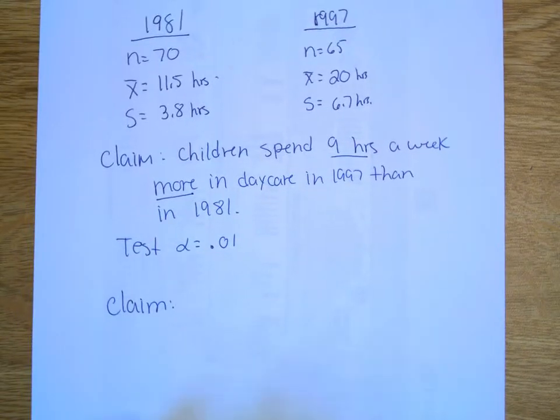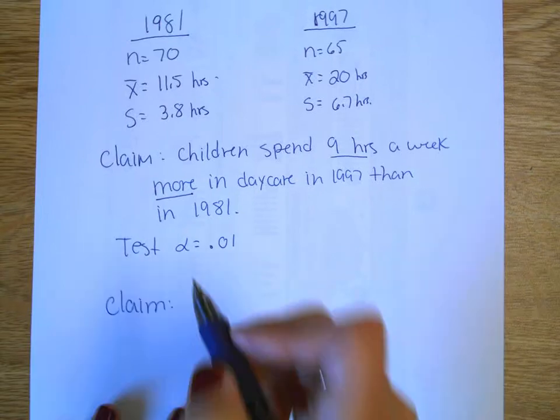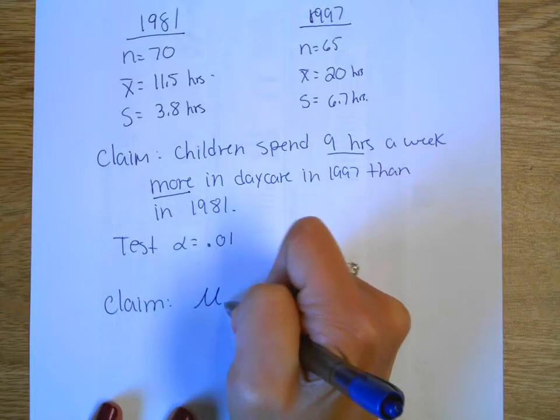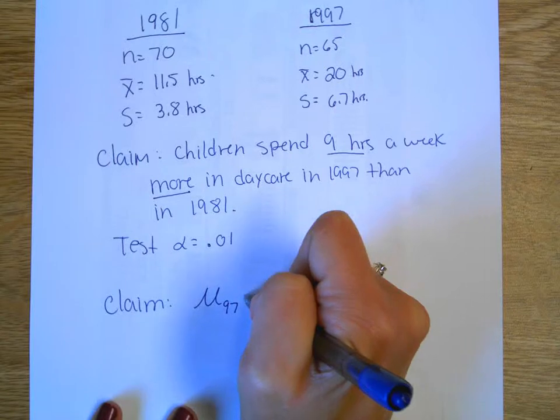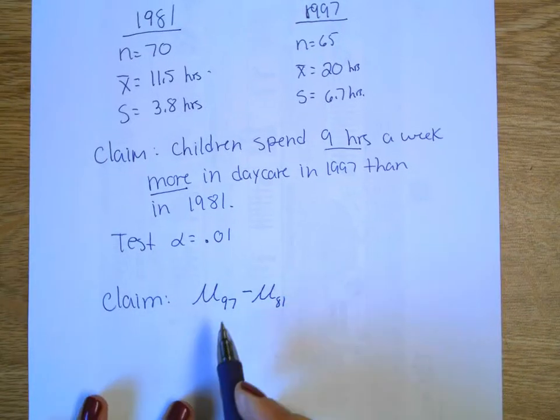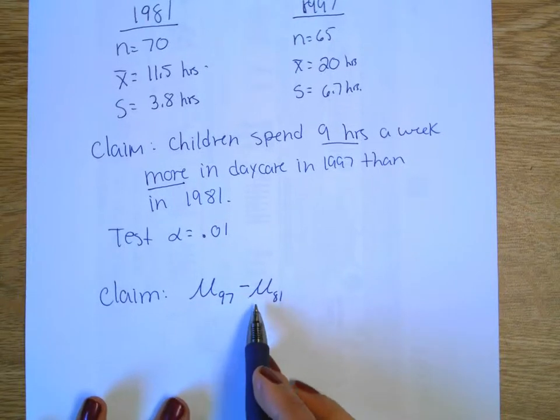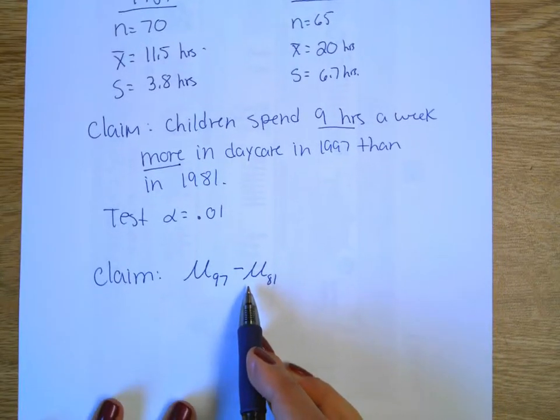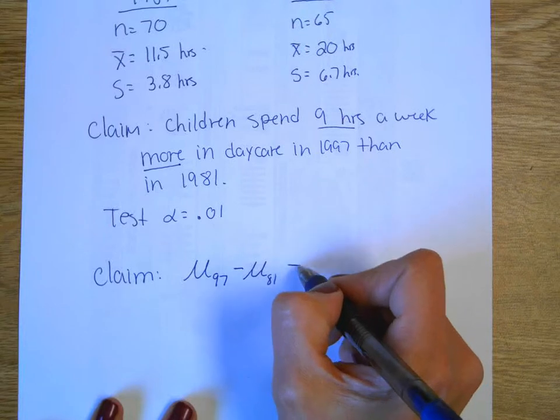Which one's bigger, the 1997 or the 1981? 97. Because when I subtract, I want a positive 9. So I want to take the mean from 97 and subtract the mean from 81. And what are they telling me in the claim that this difference is? 9. It equals 9.